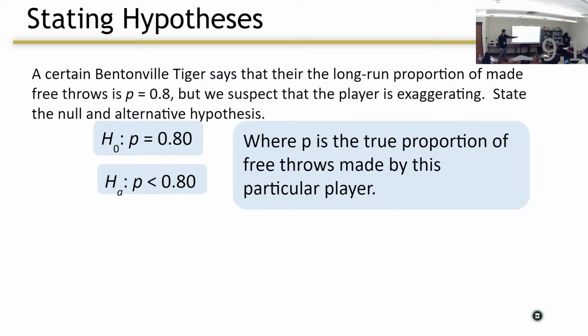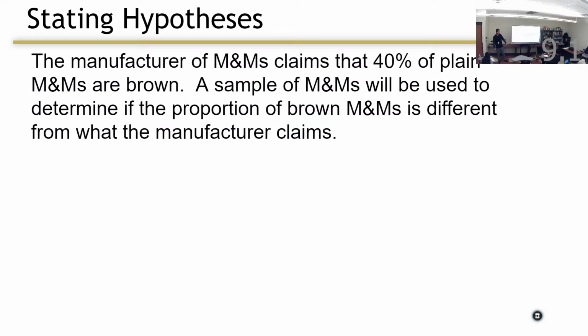Oh, there it is. Non-hieroglyphics, where P is the true proportion of free throws made by this particular player. A manufacturer of M&Ms claims 40% of plain M&Ms are brown. A sample of M&Ms will be used to determine if the proportion of brown M&Ms is different. Ho: P equals 0.4.